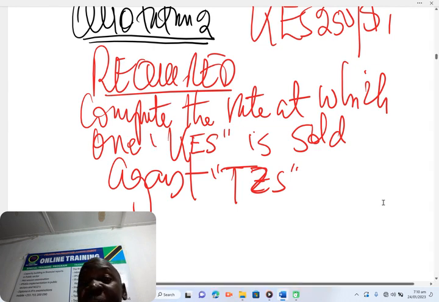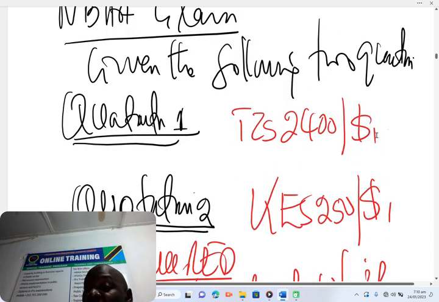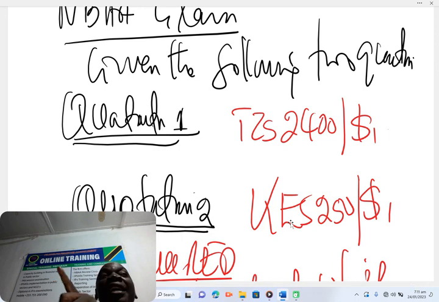Am I clear? There is a rate at which $1 is sold against Tanzanian shillings. There is a rate at which $1 is sold against Kenyan shillings. But we don't have a rate at which 1 Kenyan shilling is sold against Tanzanian shillings, isn't it?